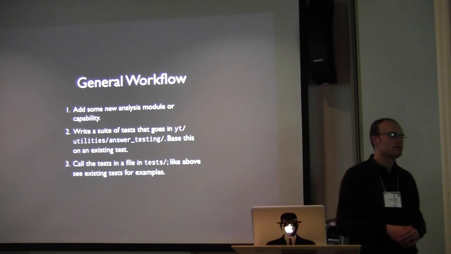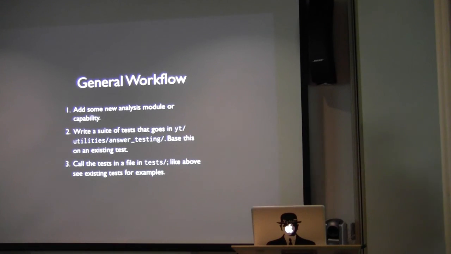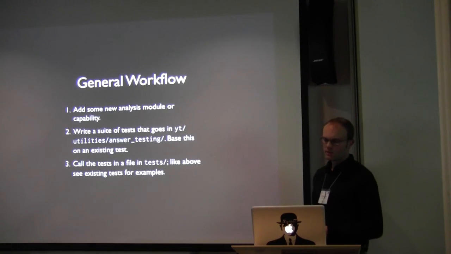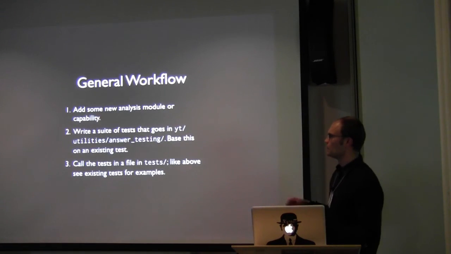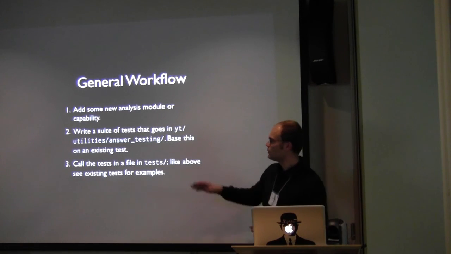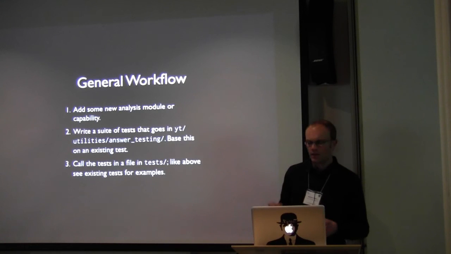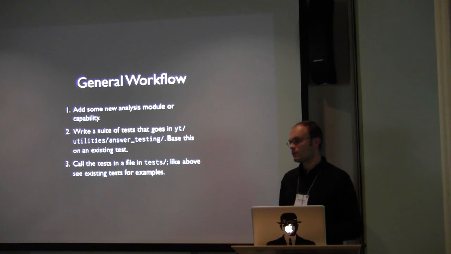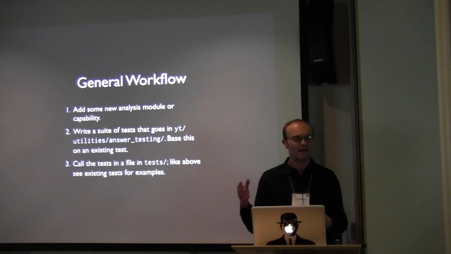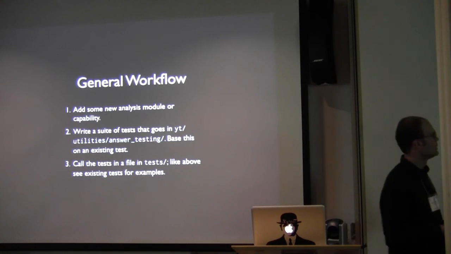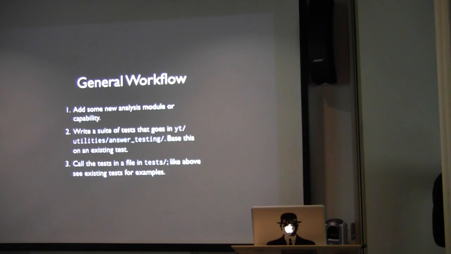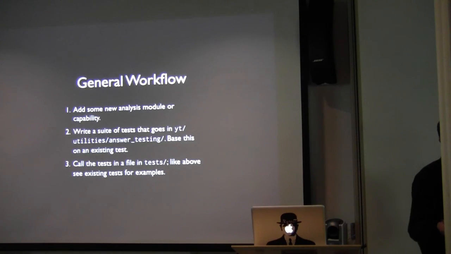So after you've added a new capability to YT, tests need to be done. There are 2 places you have to look to do tests. Inside YT utilities answer testing, there are already a few tests in there. And then once you've written the test itself, you have to go to the folder tests, which is under the top level, and you'll see how these tests get called.